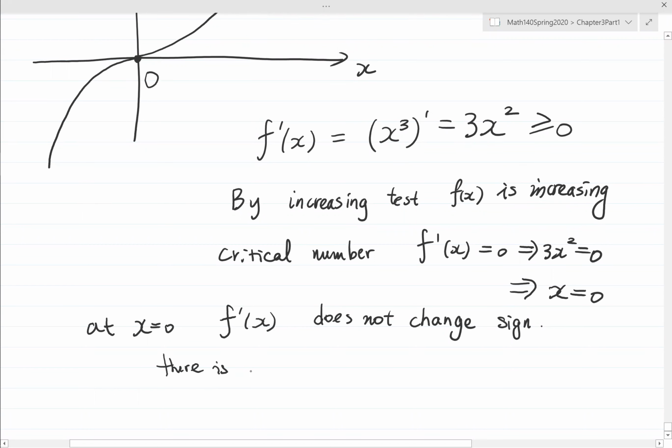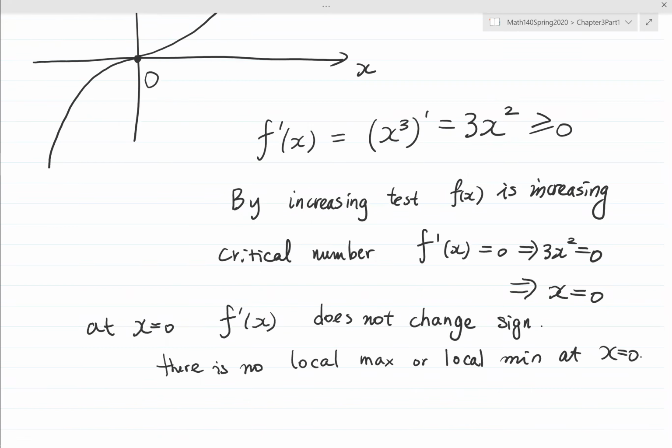There is no local max or local min at x equals 0, i.e. the origin O. This is the first derivative test.